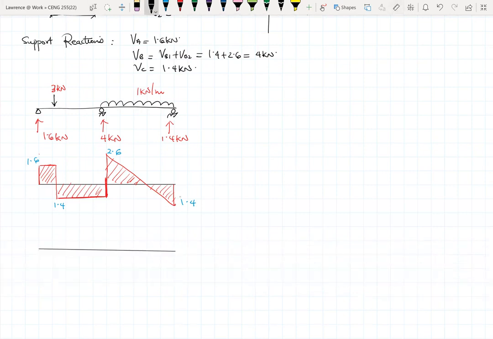So that's what we have. There are a number of ways to draw the bending moment diagram, and I'm taking you through the first approach right now.